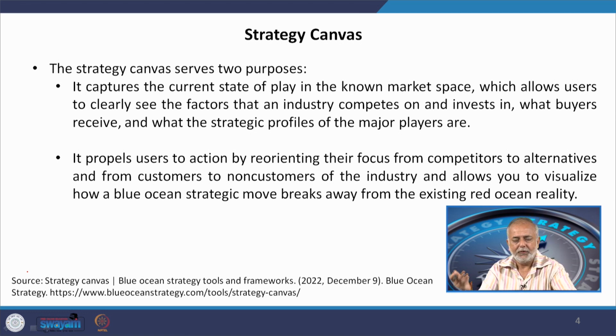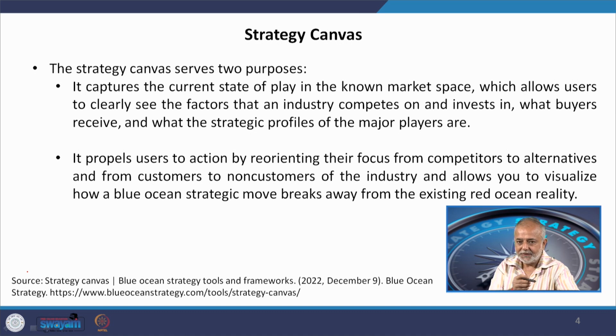For example, mobile phone companies, most of them, Apple might be a difference, and I am just giving you a hint that Apple actually represents Blue Ocean strategy. I am not sure they specifically used the Blue Ocean framework, but they can fall into this sphere of a Blue Ocean strategic move.